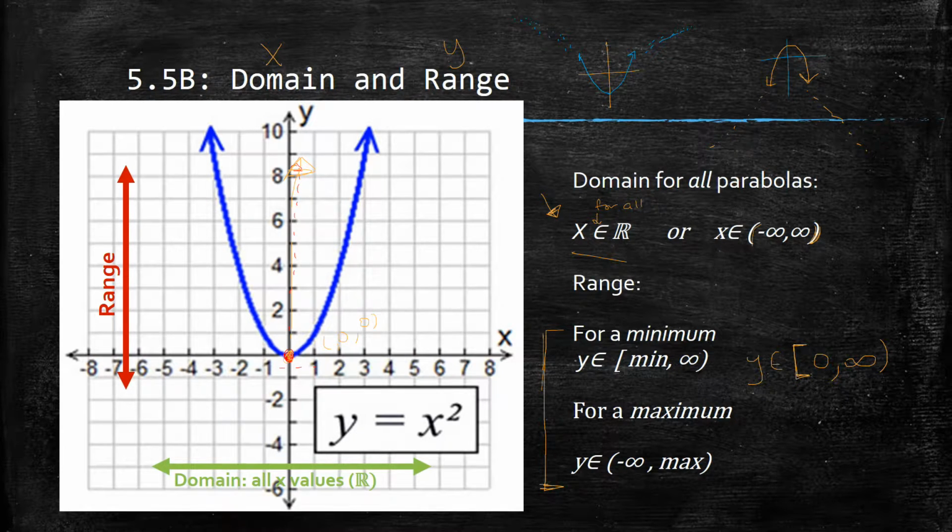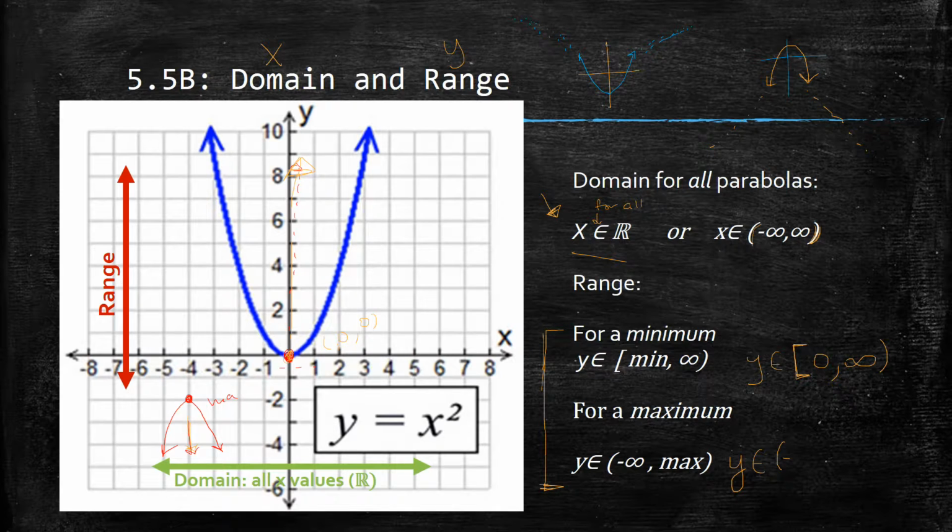If I had a parabola that opened down, okay, and had a vertex right there at -4, -2, okay, that is a maximum. Okay, so when you set up your range for that, you're going to have values of y for the interval, negative infinity, because our lower bound or our lowest value for y, we don't know what that is because this parabola is going to continue to open in the downward direction.